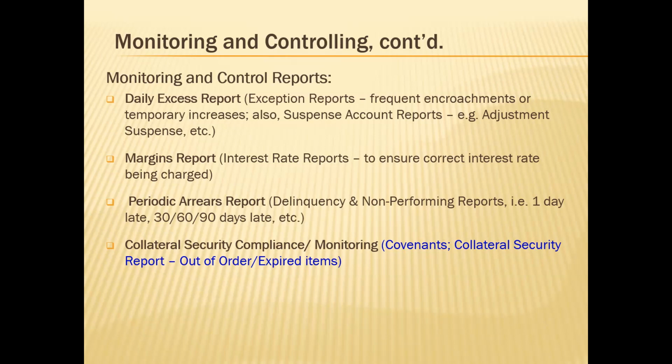This is particularly important for building insurances when you are approaching the hurricane season. In the hurricane season, which starts in June and ends in November, you want to make sure that there are no expired building insurances.